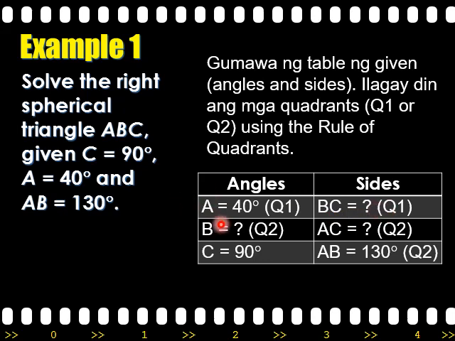Okay, then another given is side AB, which is 130 degrees. Since this is the side opposite the 90 degree angle, this is your hypotenuse. Now, since its value is greater than 90 degrees, it is in quadrant 2.